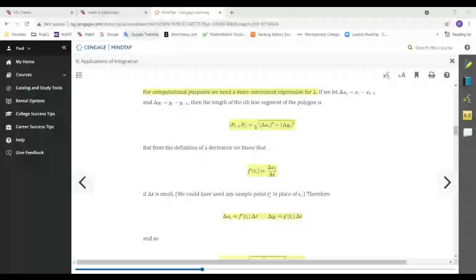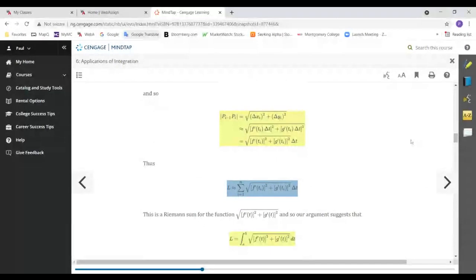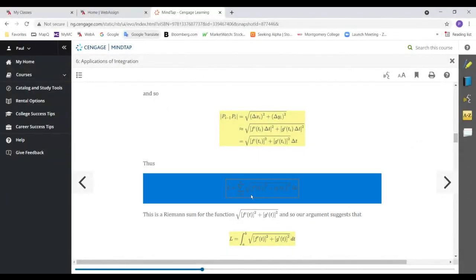What I've highlighted in yellow, you've seen.